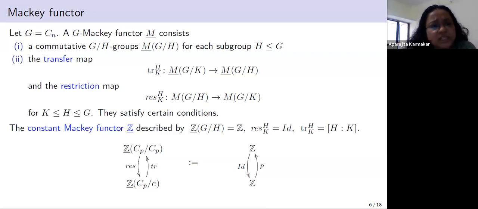So for G equal to C_p, Z bar of C_p/C_p is Z, Z bar of C_p/E is Z, and the restriction and transfer maps are shown in the diagram on the right side. As you can see, the index is p.